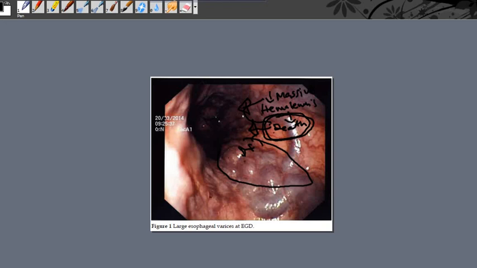So suppose a patient has chronic liver disease, what can you do? You can do certain things. You can ligate these vessels. This is called variceal band ligation.